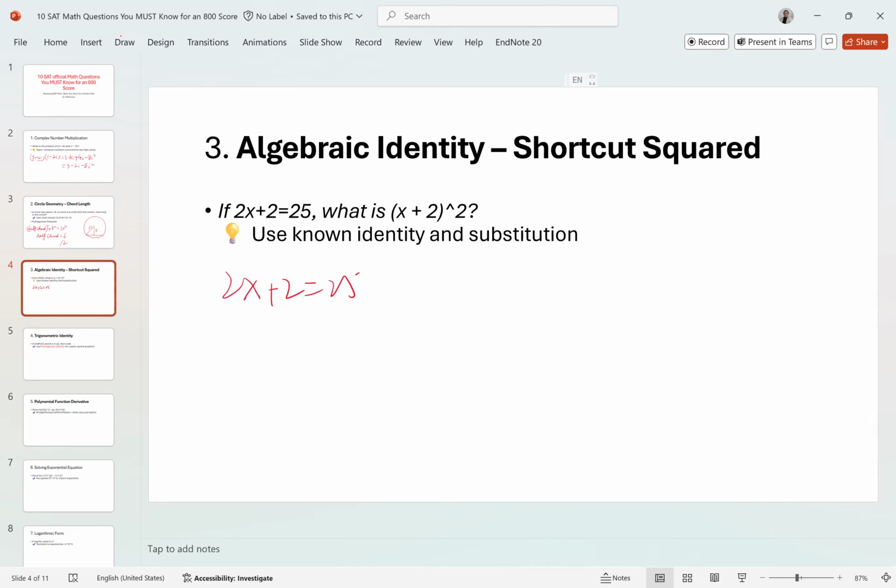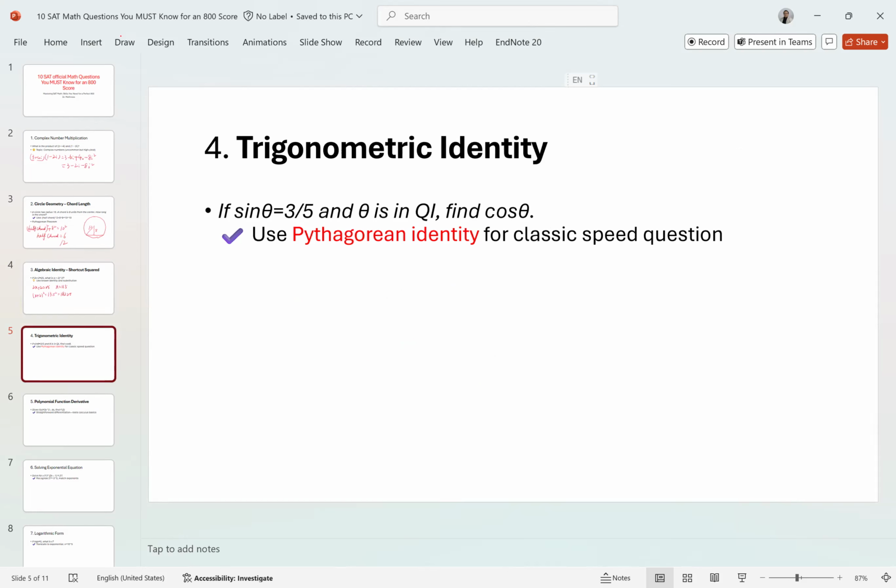And then we can solve the value of x, which equals 11.5. And then x plus 2 squared would be 13.5 squared, which is 182.25.